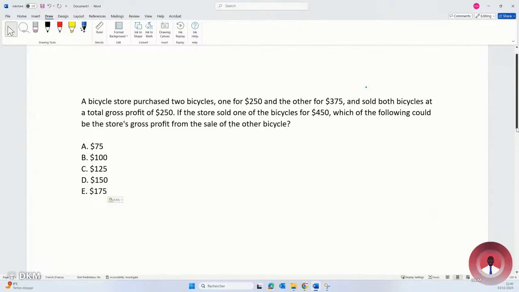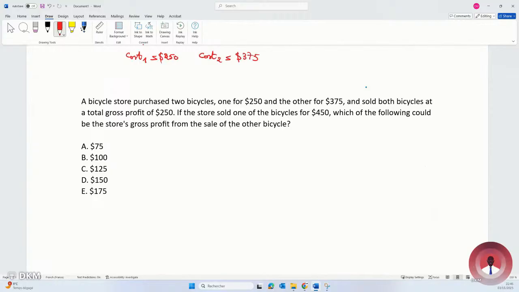It says a bicycle store purchased 2 bicycles, one for $250. So we are going to call this cost 1, which is equal to $250. And the other for $375, we're going to call it cost 2, $375.